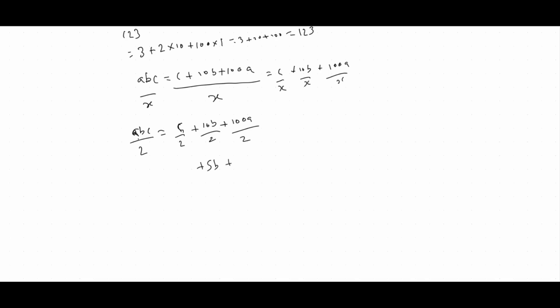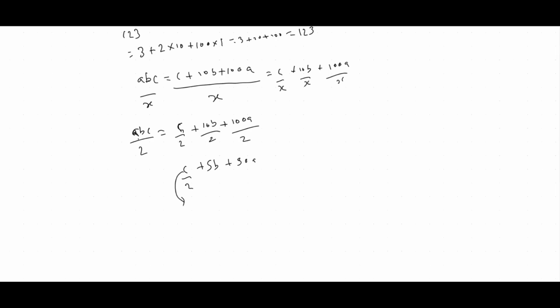It's 50 times A. All that is stopping this whole number from being divisible by 2 is C. So I think C is the only factor that's stopping us from reaching that goal. So C must be divisible by 2.